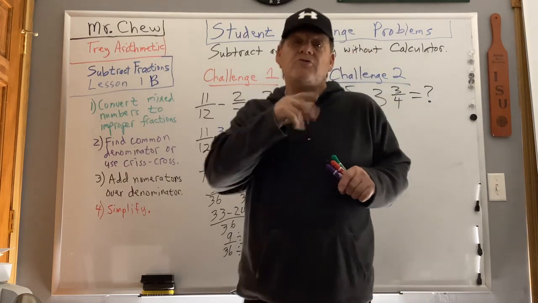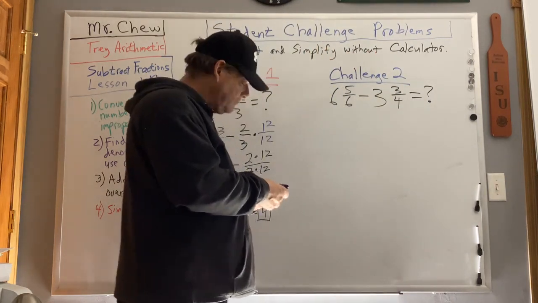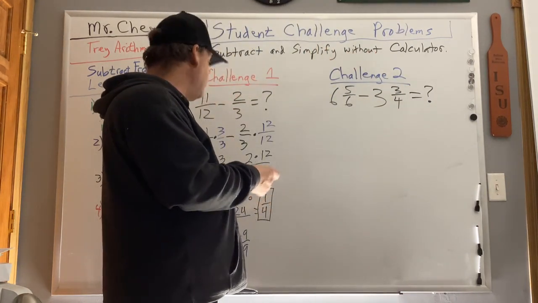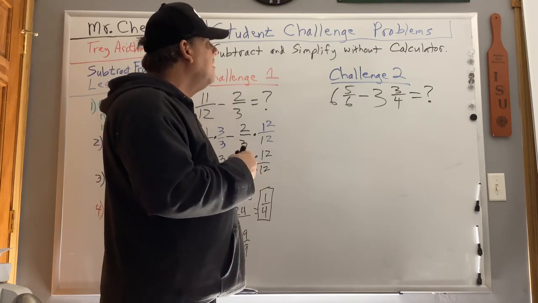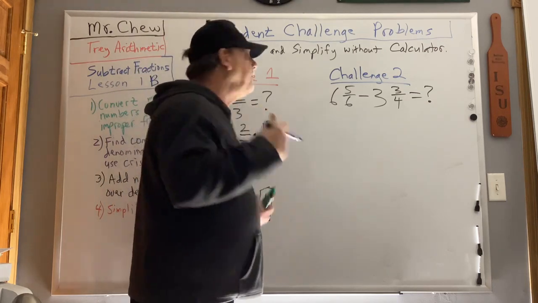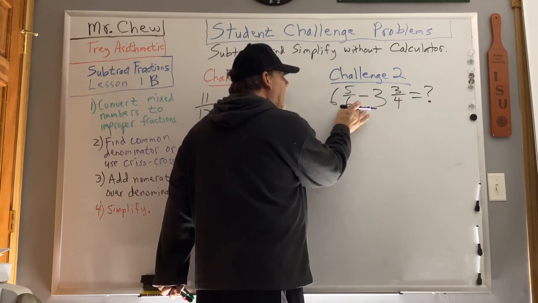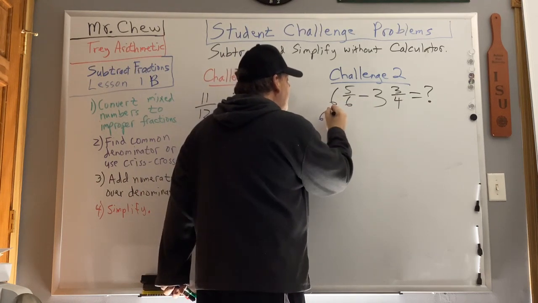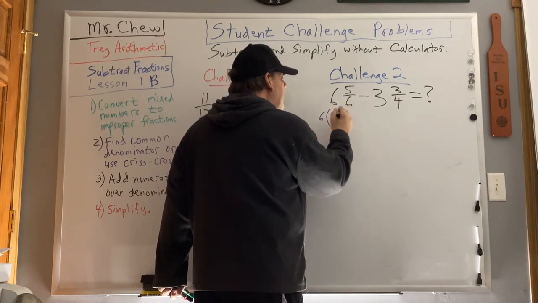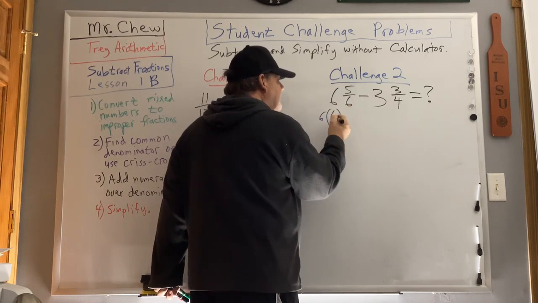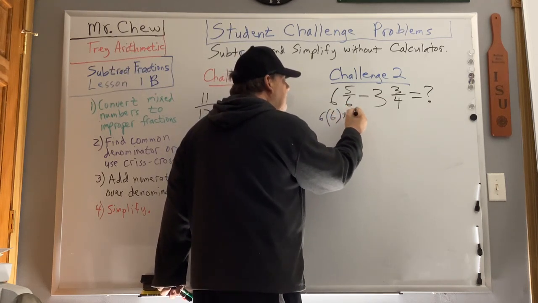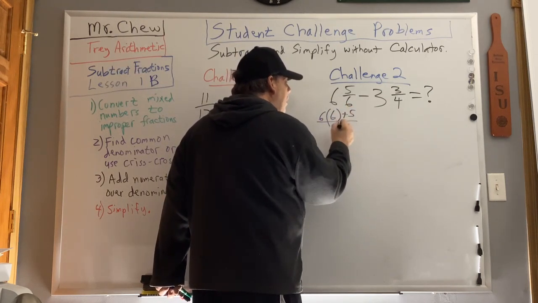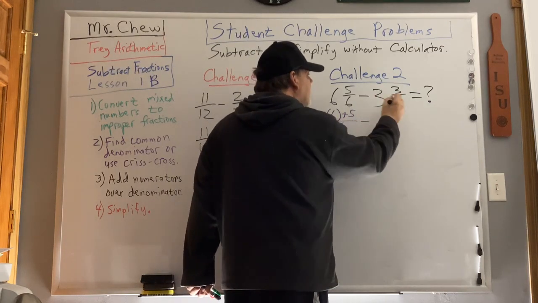All right, let's do challenge 2, a little bit harder. In challenge 2, I have to change the mixed numbers into improper fractions. You do that by multiplying the denominator times the whole number, so this 6 times this 6, and add in the numerator over the denominator.